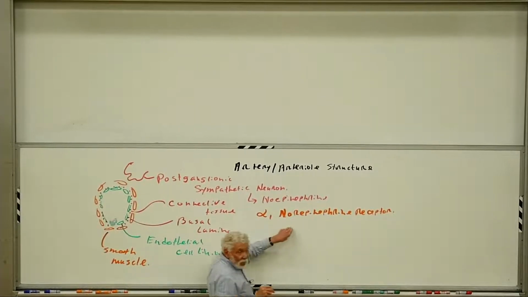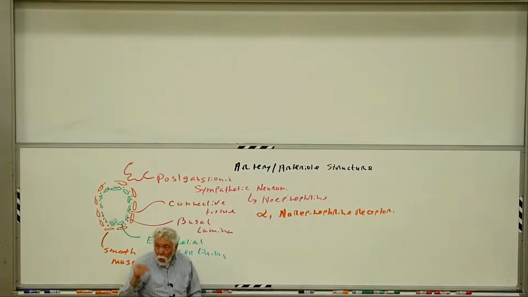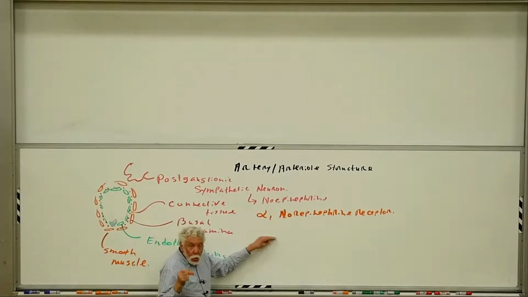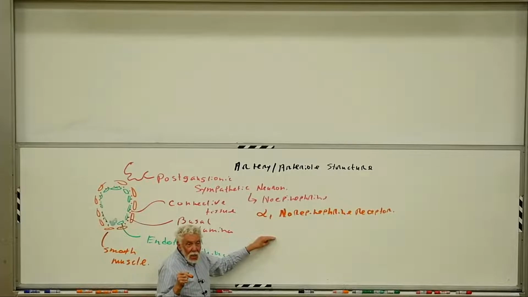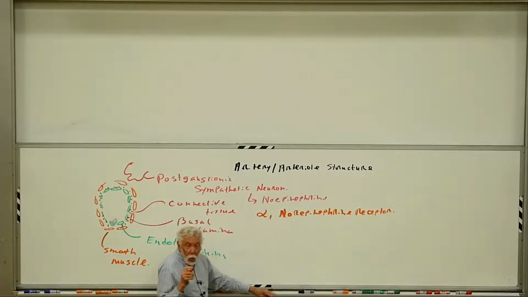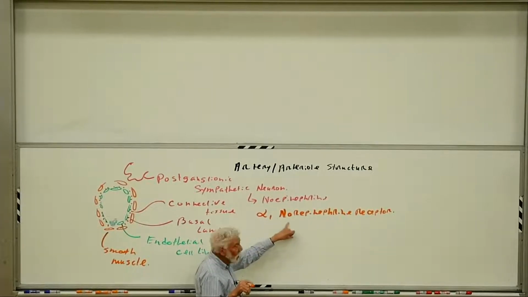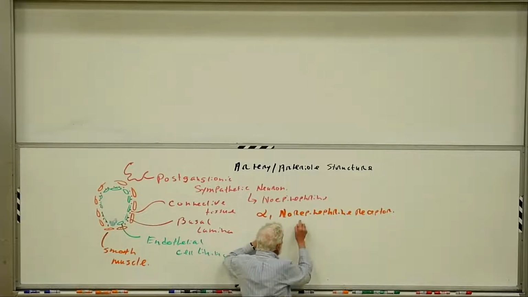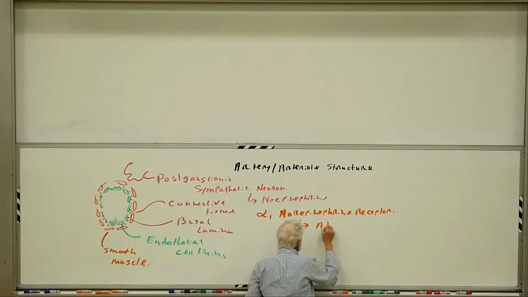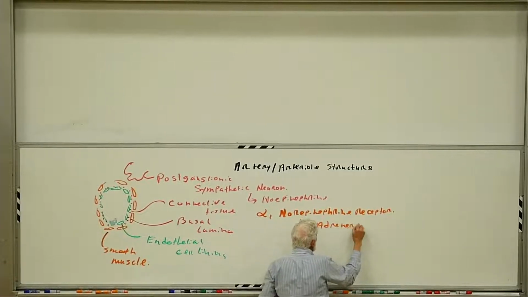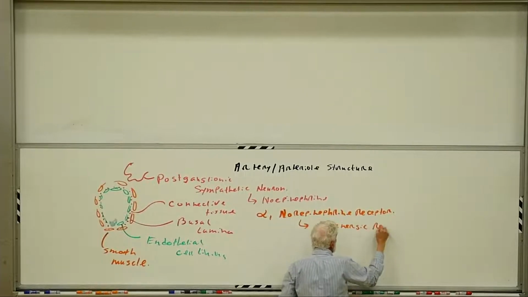Again, in the concepts we've covered over and over again, it's the receptor that determines what's going to happen here. And you may remember we talked about the heart, we talked about beta-1 receptors. Well, we're going to talk about smooth muscle in the lung. There'll be beta-2 receptors. It's another kind of norepinephrine receptor. Actually, it's an epinephrine receptor. So, and then here's another alpha-1 norepinephrine receptor, which we often include under the heading of adrenergic receptor.